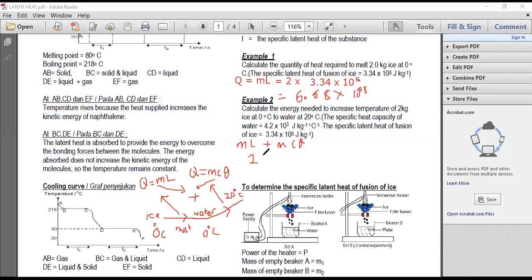So m will be 2, L will be 3.34 times 10 to the power of 5, plus 2 times C, which is 4.2 times 10 to the power of 3, times the change in temperature from 0 to 20, so it's 20 only. From there you can get your answer.